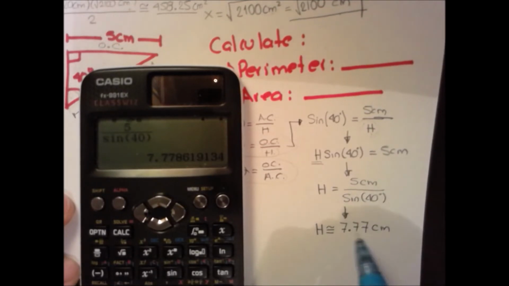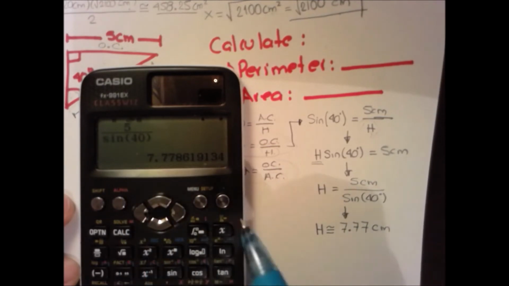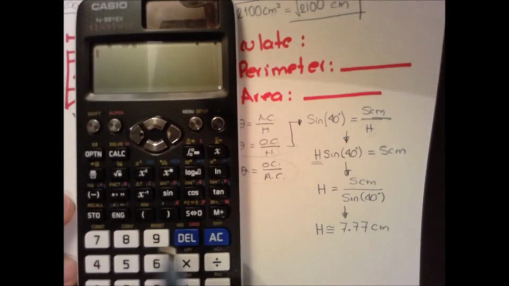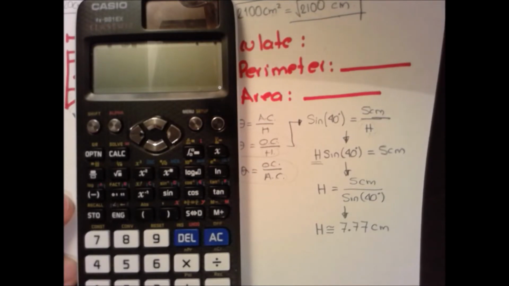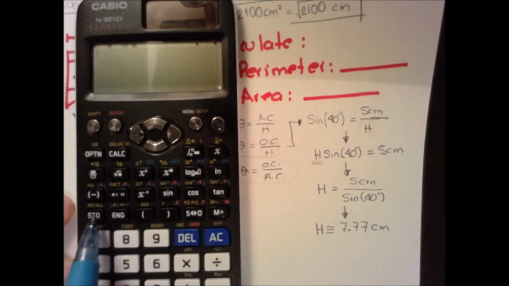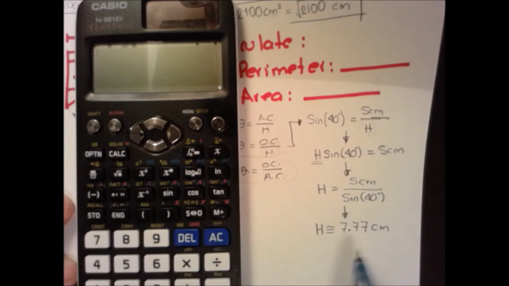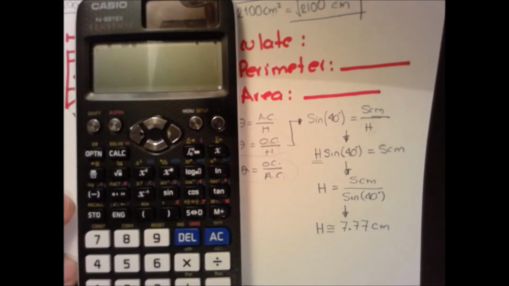You can save that exact number and use it later. How? Very easy. There is one key in your calculator that is called STO. STO means storage, and it activates the function that lets you save the entire number here in your memory. I'm going to show you how to do it with this kind of calculator.